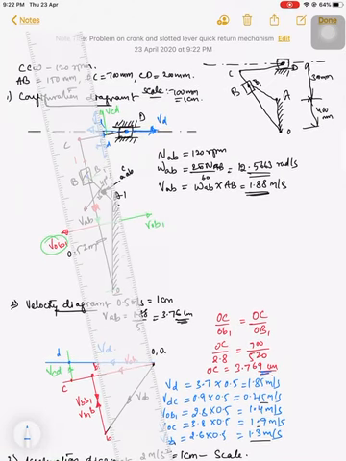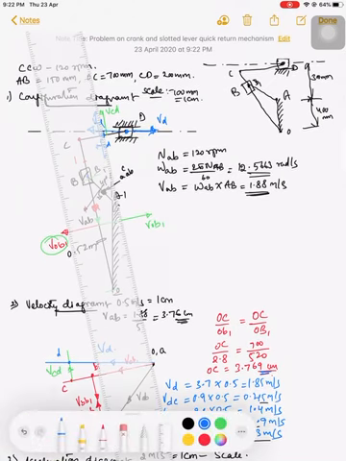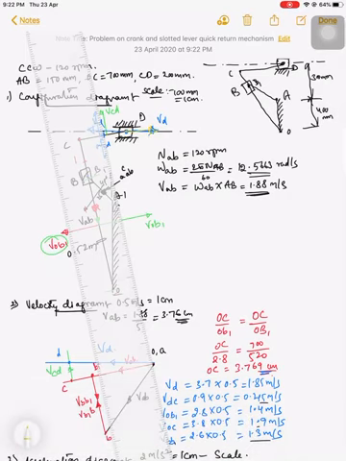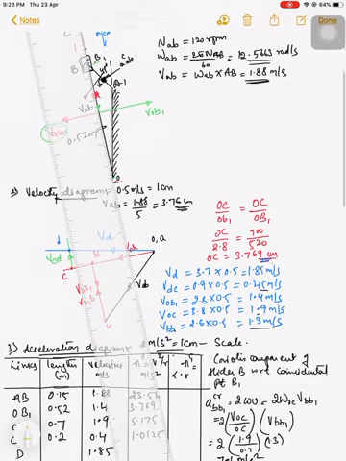Now consider the last thing, that is the slider. Slider will move in this direction or in this direction. So this is the acceleration of D in this direction.